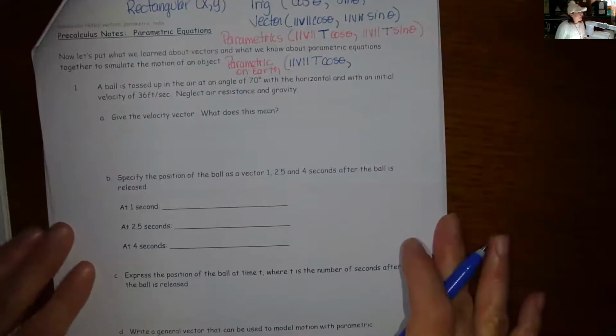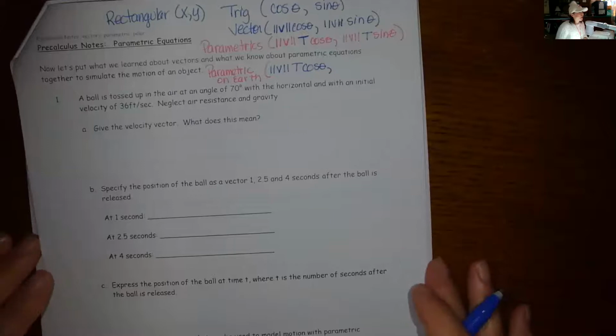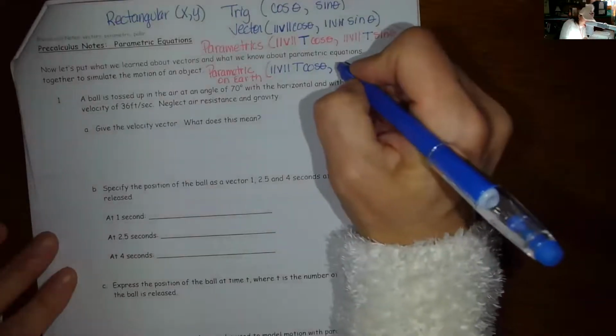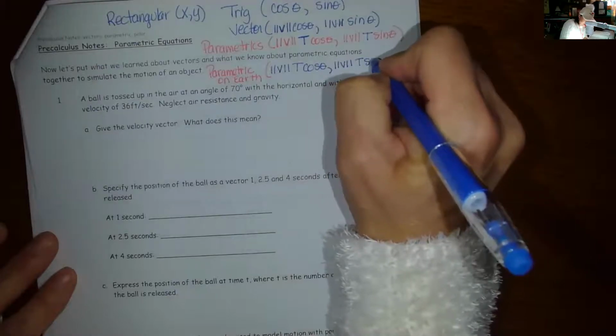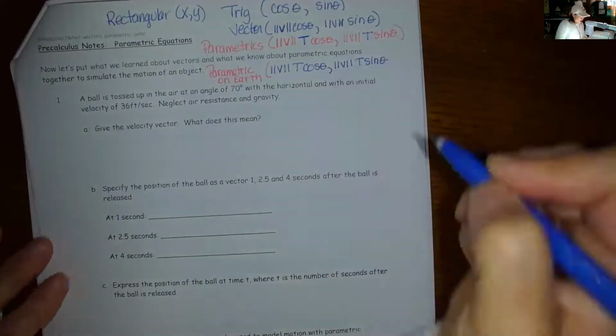So what do we do about that? What makes you stick to the ground? Gravity. Gravity affects your height, so that's a Y value, right? True? So we're going to have this. How am I going to put gravity in there? You've been in physics. That's for meters.